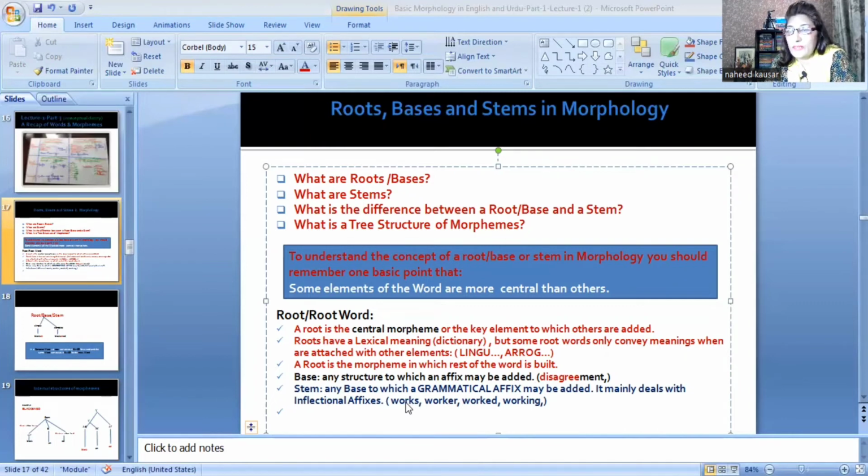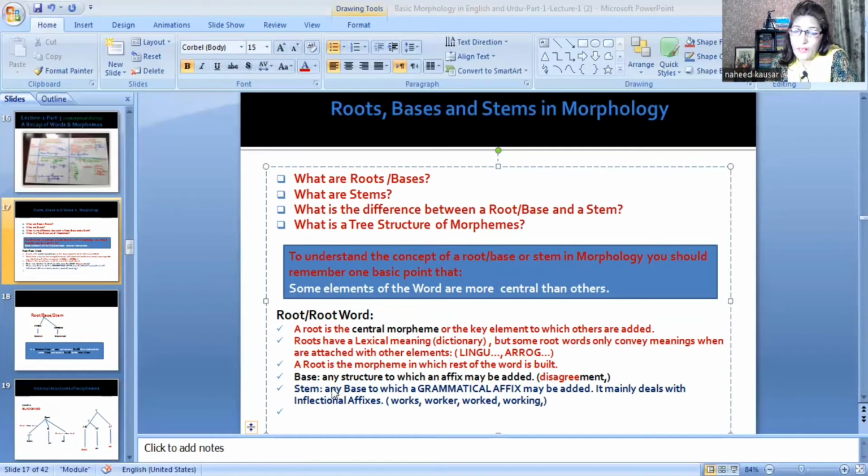In such cases, if any structure, like here we have the word work, to which S, ER, ED, and ING are attached, we know that they are all inflectional morphemes.